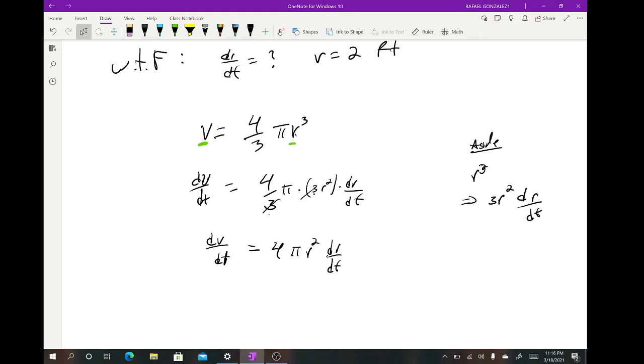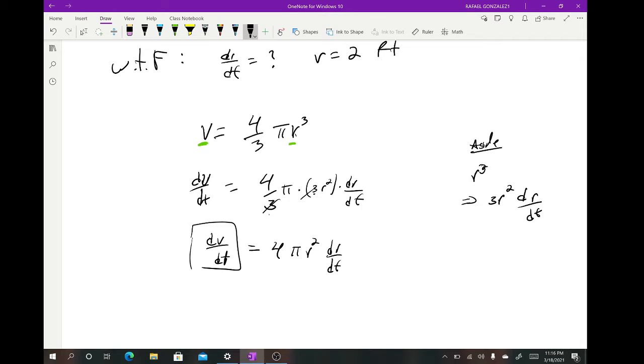Okay, so now we have an expression that expresses the rate of change of the volume in terms of r squared, or the radius times the rate of change of the radius. But we are actually not trying to find the volume. We know what dV/dt is equal to. We know that that's going to be equal to 4.5 cubic feet per minute.